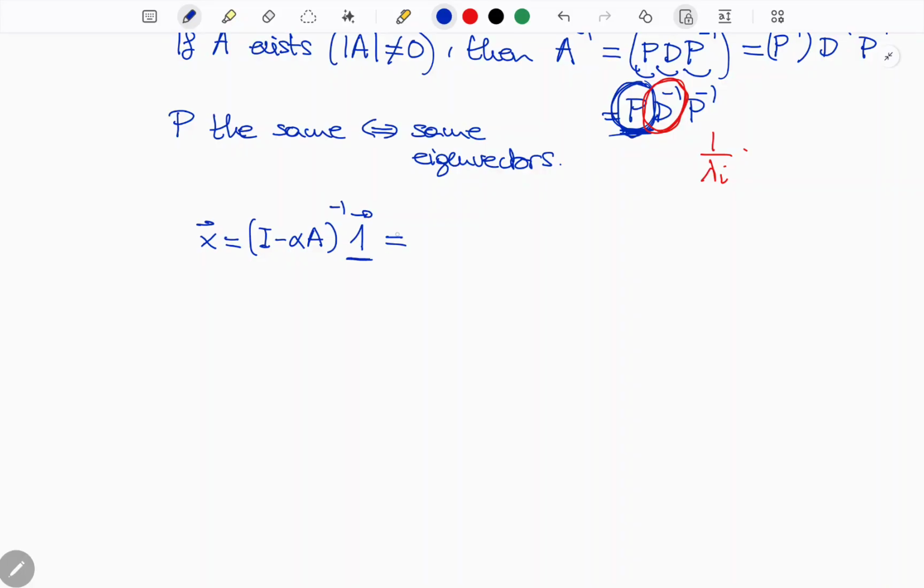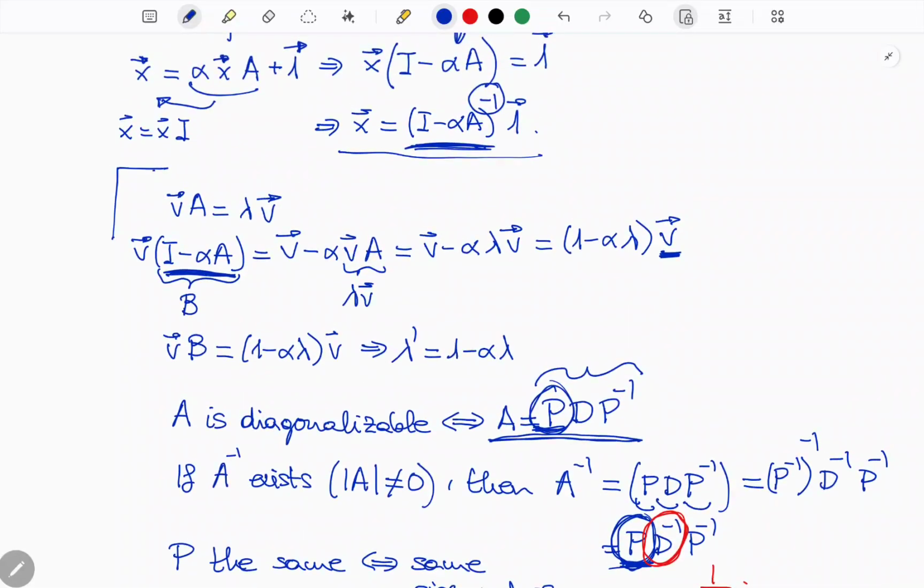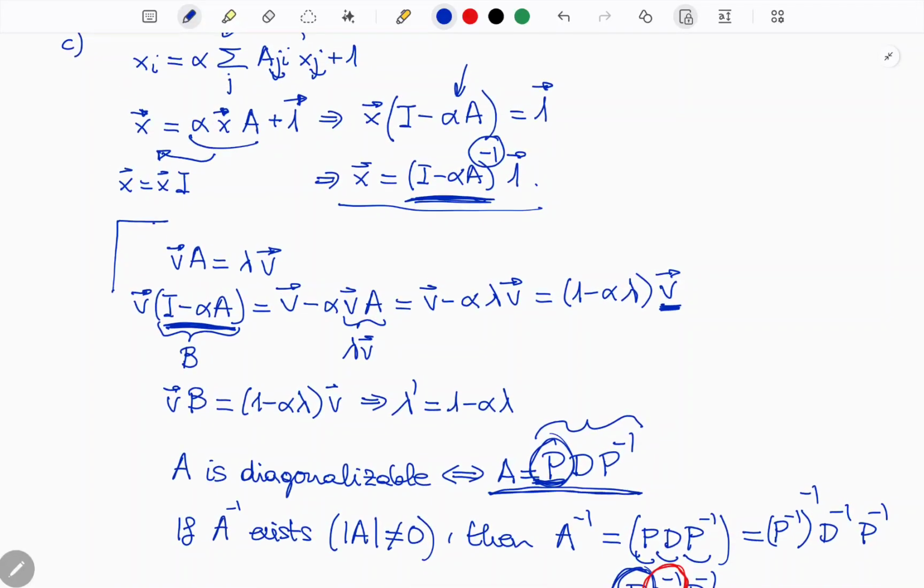Since 1 is an eigenvector of A, we know that A times 1 is equal to K times 1. And we also know, no, sorry, my mistake. I have to multiply this on the right. Sorry.